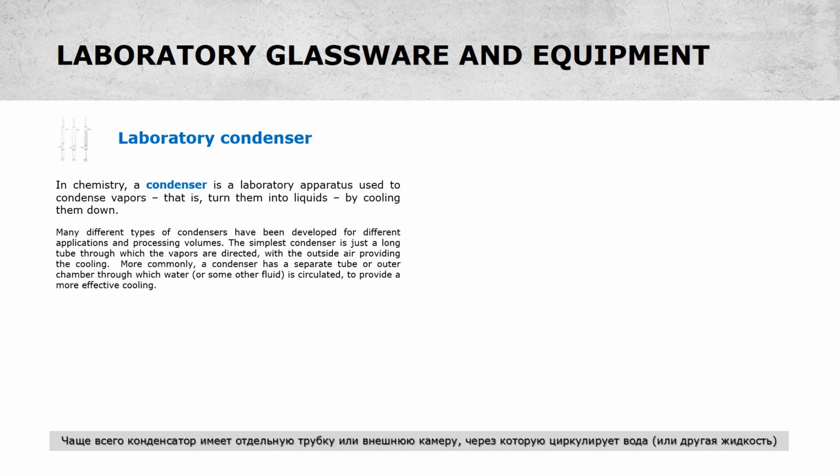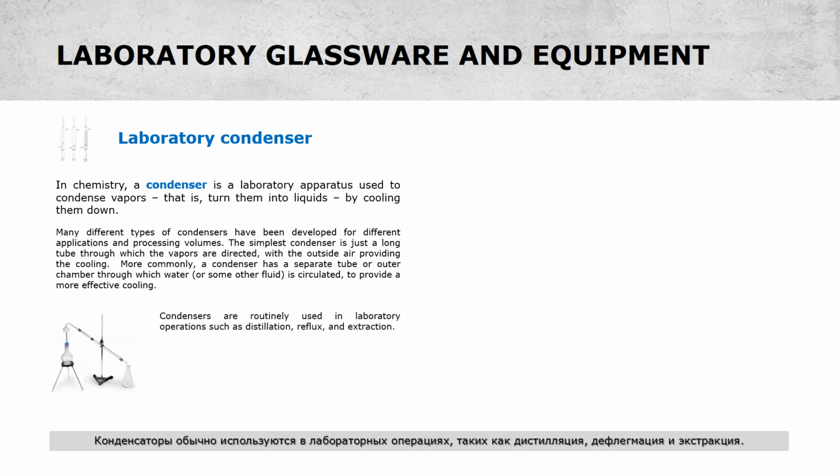More commonly, a condenser has a separate tube or outer chamber through which water, or some other fluid, is circulated, to provide a more effective cooling. Condensers are routinely used in laboratory operations such as distillation, reflux, and extraction.